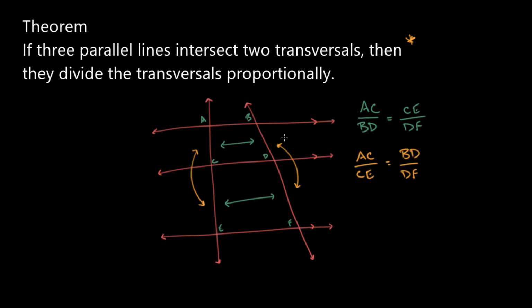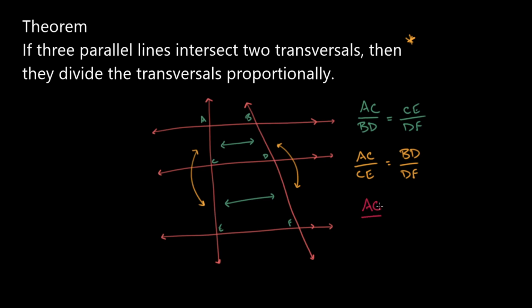And on top of that, we could take this one step further. Not only are we looking at these pairs in between AC and BD and then between CE and DF, but I can also talk about how AC is to BD. Actually, let me use a different color.